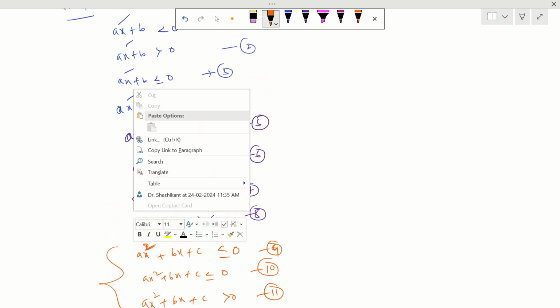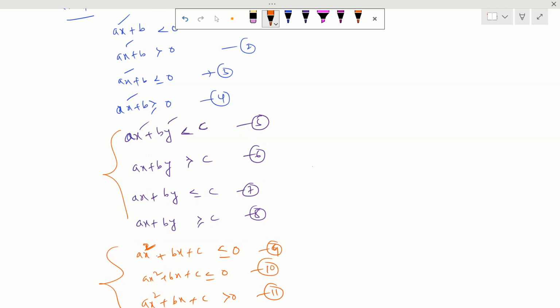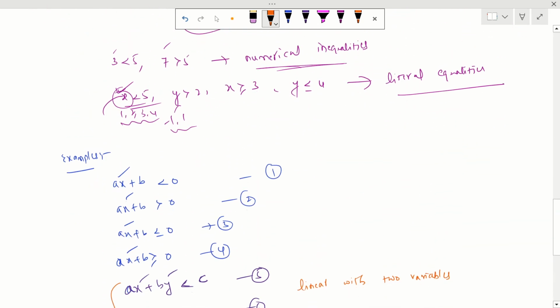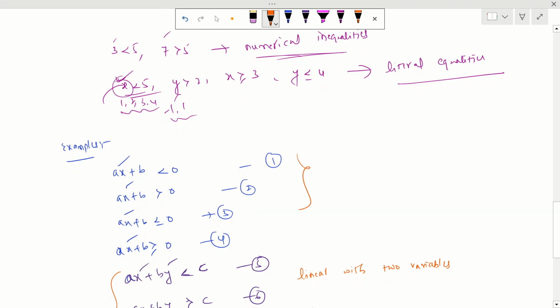And these equations are called linear with two variables, and here linear with only one variable, right? So these are the inequalities, linear with one variable.